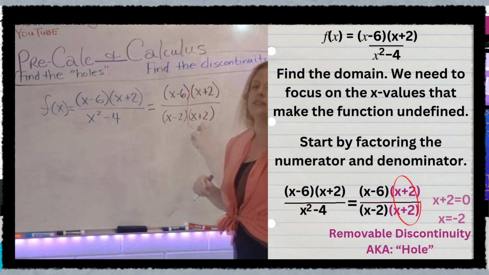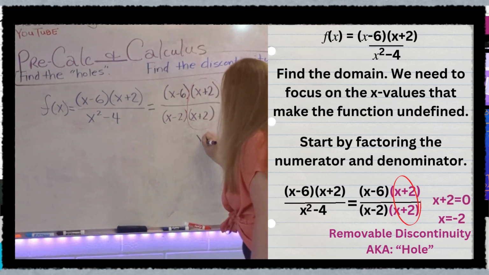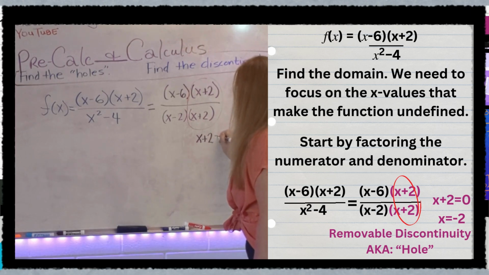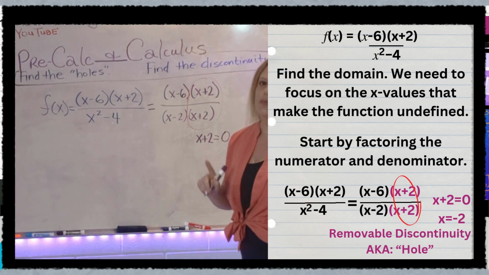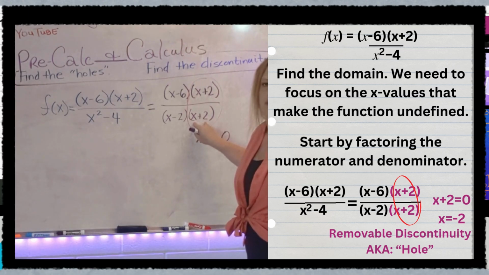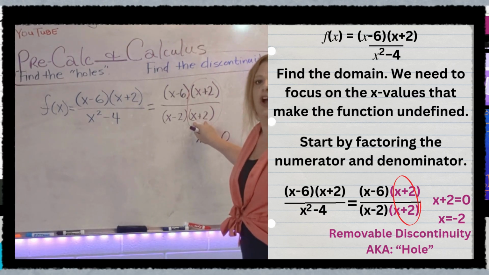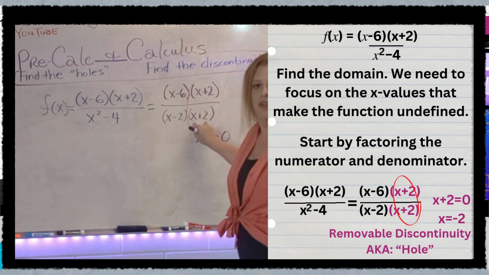Now, it's not x equals 2 there. It's wherever x plus 2 equals 0, because that's what's going to force our denominator to be 0 and our function to be undefined. It doesn't exist where it's undefined.